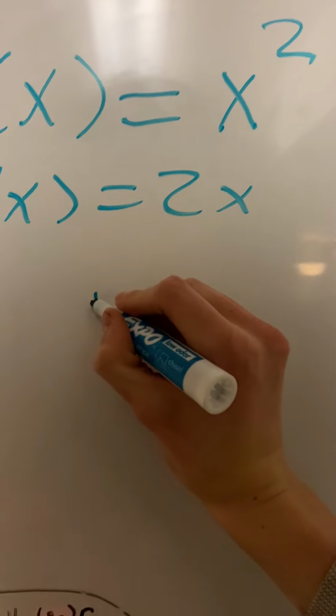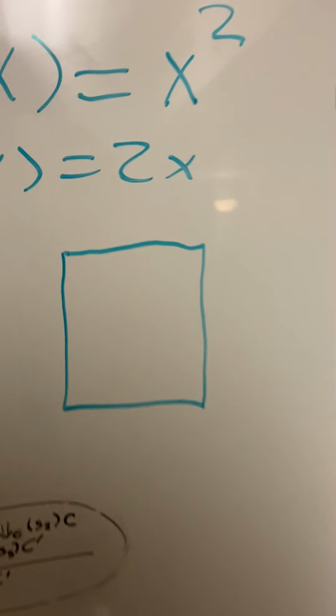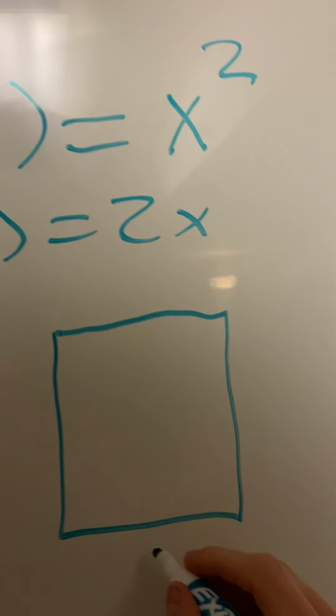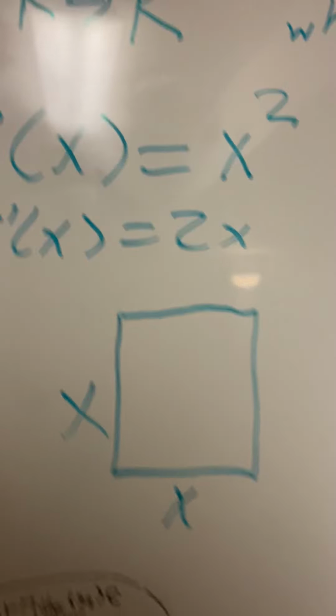So first, let's look at, say you have a square, because this is what x squared is. This is x. F of x will give us the area of this square.